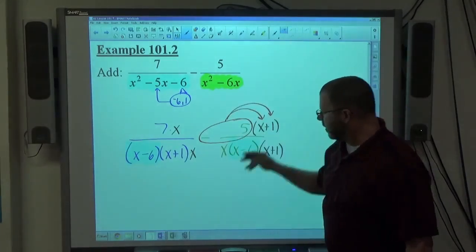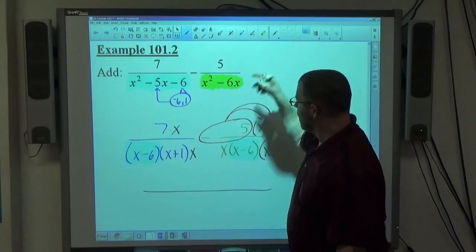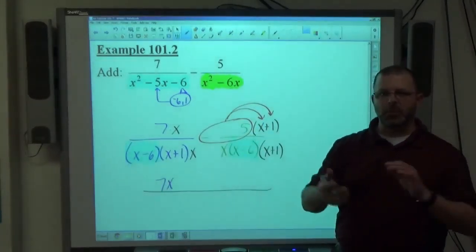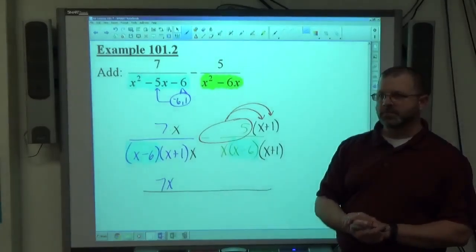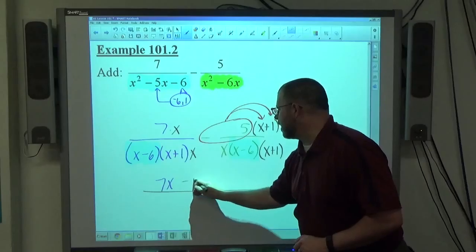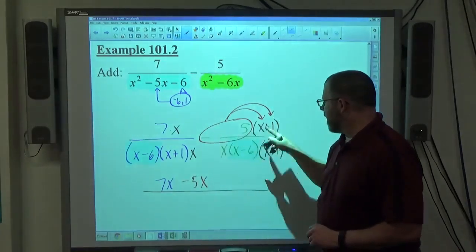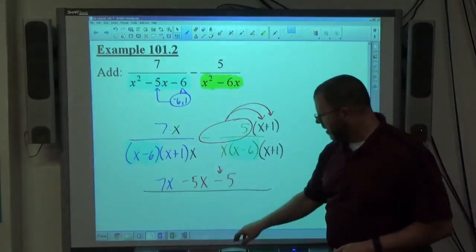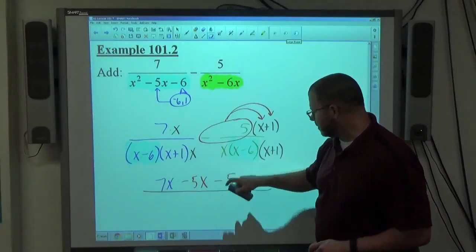So that's going to get me, for the first fraction, 7x. 7 is one thing, x is one thing, you multiply them together, you get 7x. For the second fraction, negative 5 times x makes negative 5x. Negative 5 times positive 1 makes negative 5. Again, be careful, that should be a minus sign right there. It's quite often forgotten about.